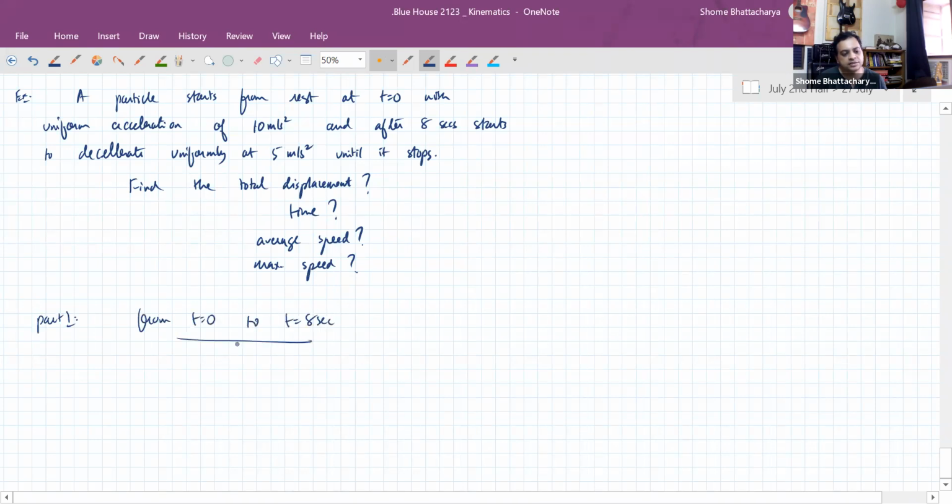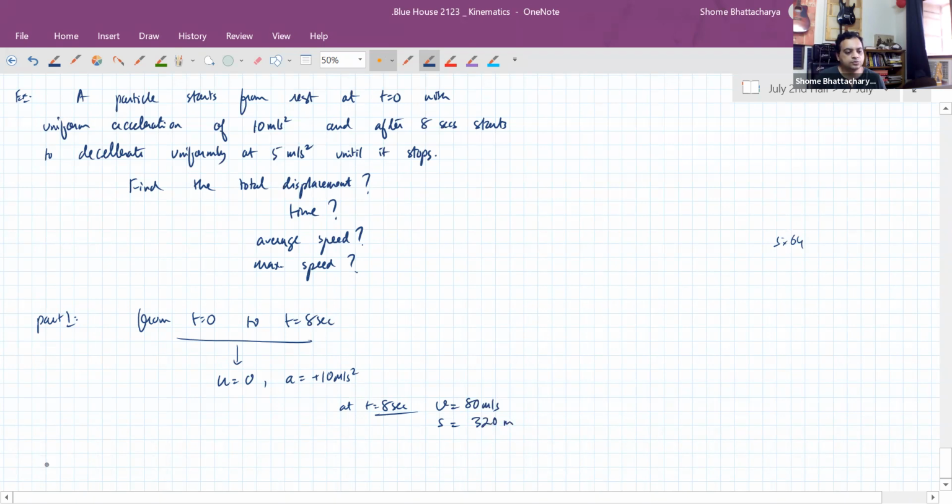During this interval, starting from rest, it is uniformly accelerated. So at the instant 8 seconds, the instantaneous velocity will be 80, right? And the displacement would have become 5 into 64, 320 meters, right?